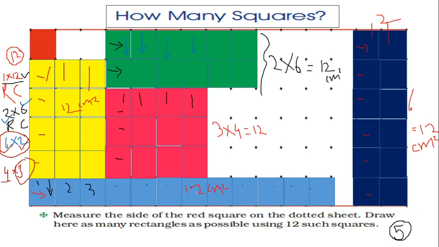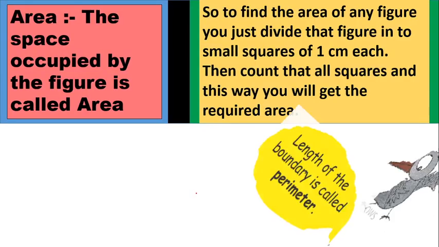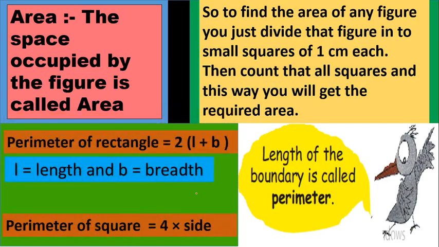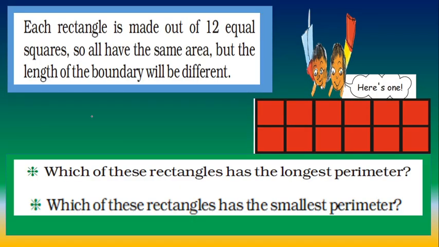So this way we can find that the area of all these figures is the same, but the difference is only in length and breadth. So the first question is verified. This is true.